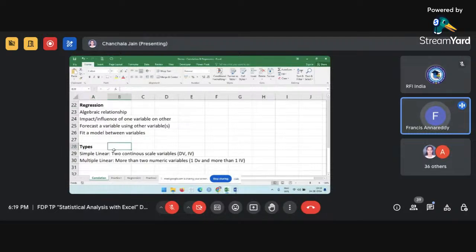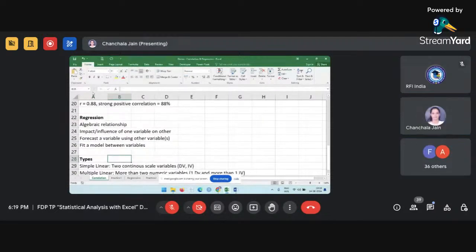But suppose we have temperature and humidity. Now, these two are kind of independent of each other, right? So how do you calculate a correlation between two variables that are kind of independent of each other?